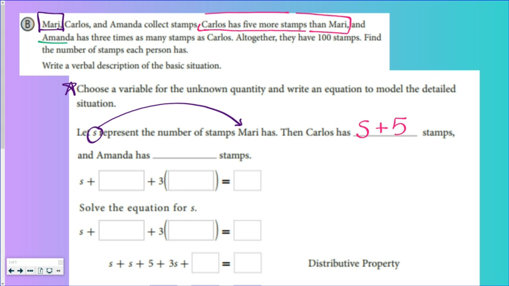They told us Amanda has 3 times as many stamps as Carlos. Well, we just said that Carlos is going to be S plus 5. So if Amanda has 3 times as many stamps, we're going to need 3 times S plus 5, because that's 3 times as many as Carlos.